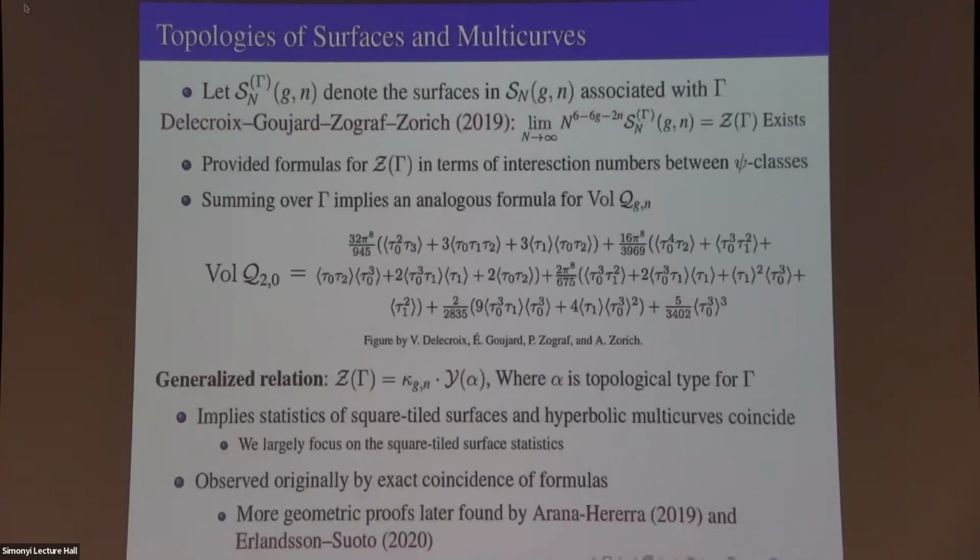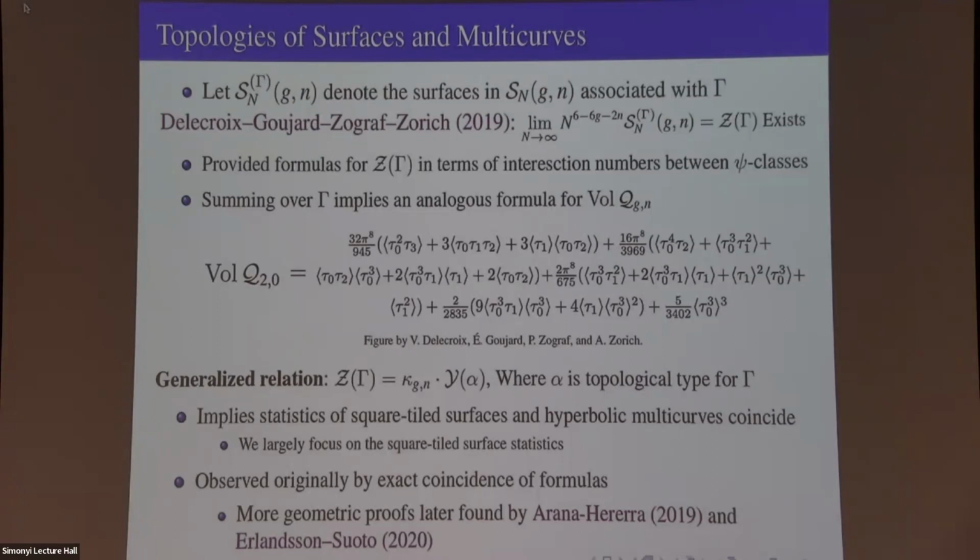If I fix some topological type α, you can associate it with some graph Γ, and the number of flat surfaces with graph Γ is, up to the scaling, this explicit factor κ times the number of multicurves with topological type α. So you can go back and forth on the level of statistics. This implies that statistics of random square-tiled surfaces and of hyperbolic multicurves coincide.